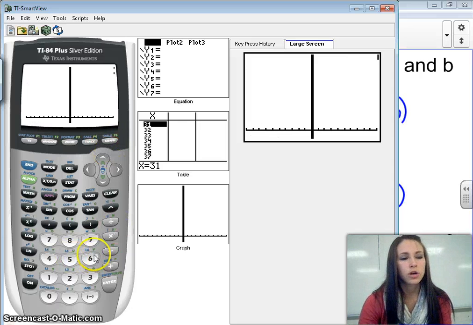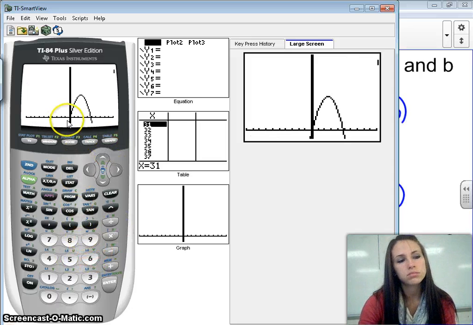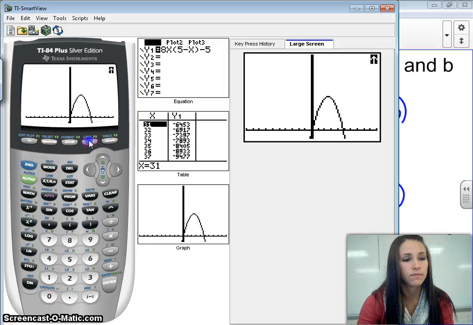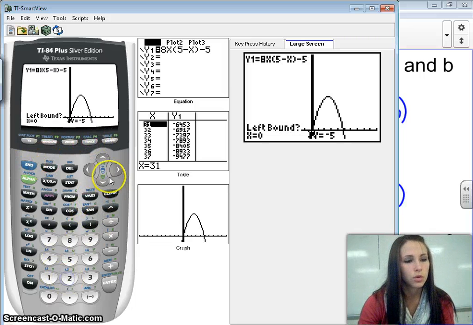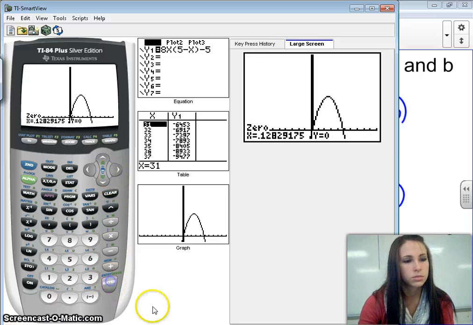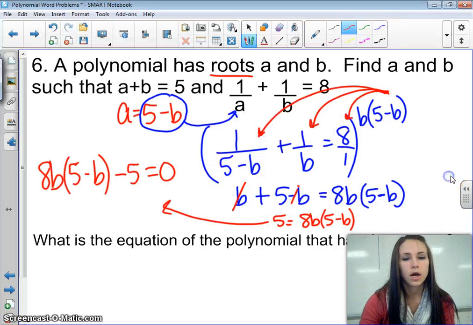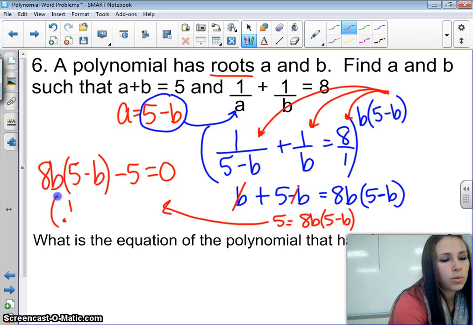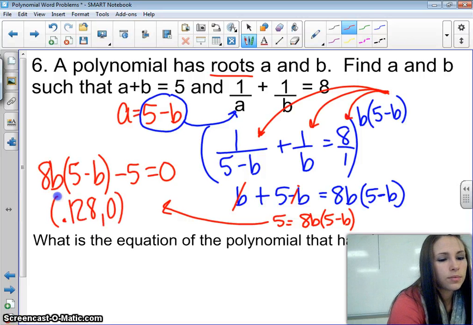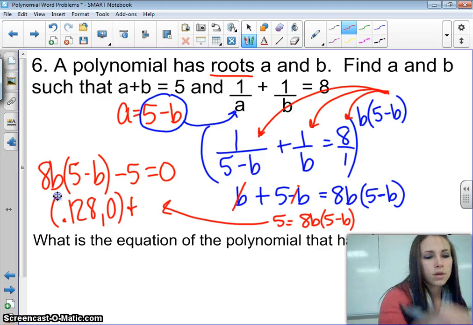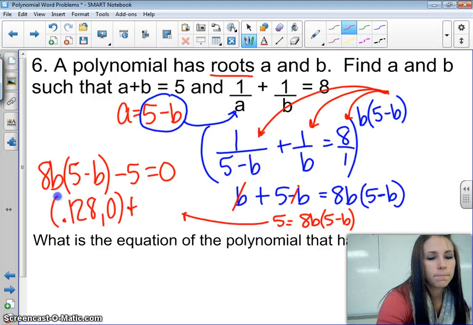And so then when I graph this, I may have to change the window. I could probably do it from here. So I'm just going to go ahead and find the two zeros. So the first zero, I want you to write it as a point. So this is going to be 0.128 comma 0. And I'll erase my arrow just a little bit.